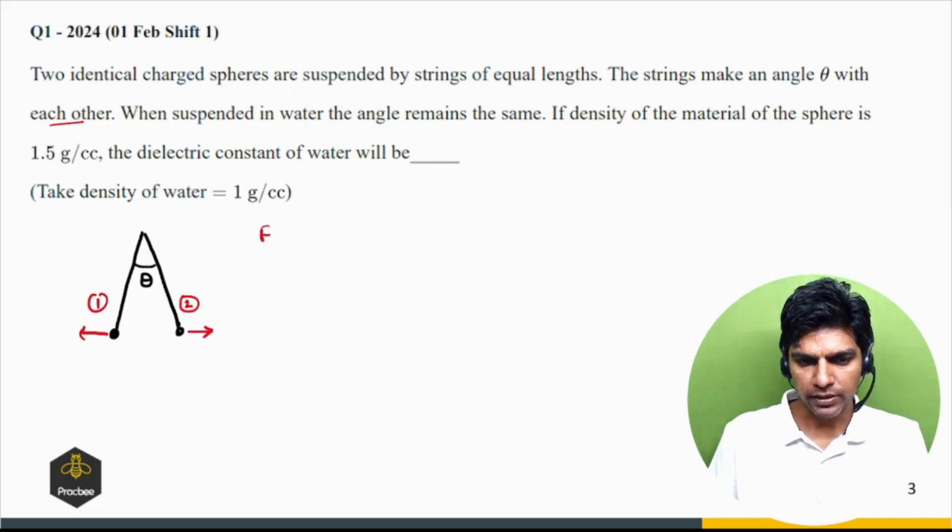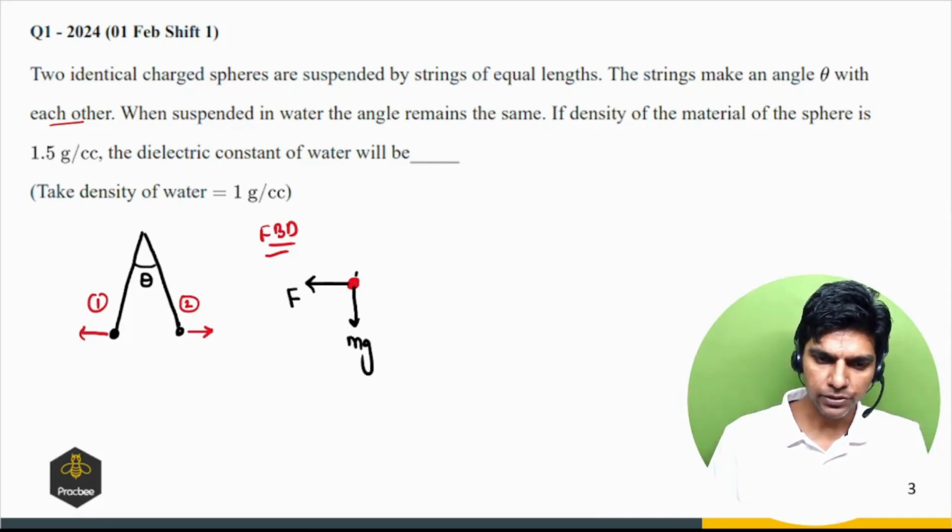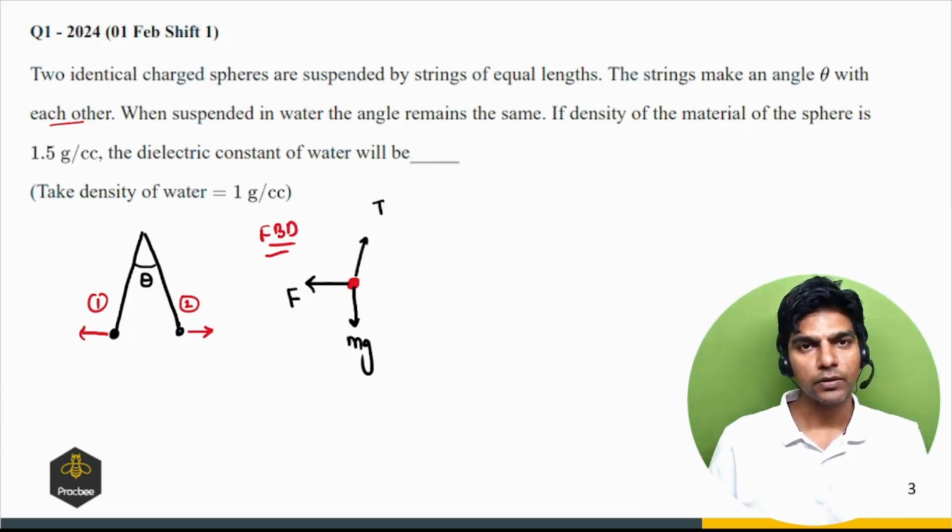So if you draw the free body diagram, let us jot down all the forces acting on that. There will be a gravitational force mg, and there will be a Coulomb repulsion, let me call it F, and there will be a tension force away from the charge, right?